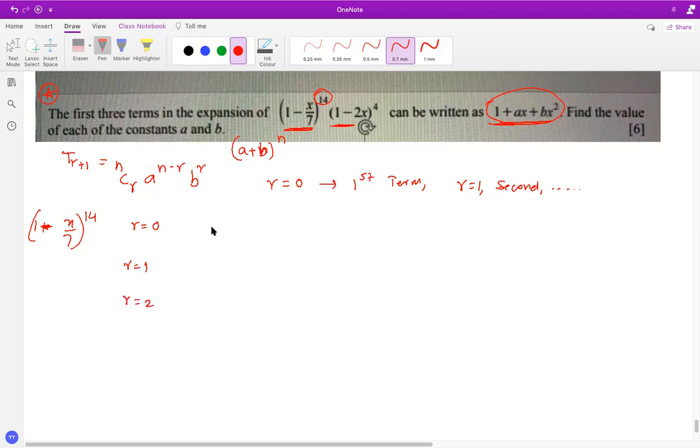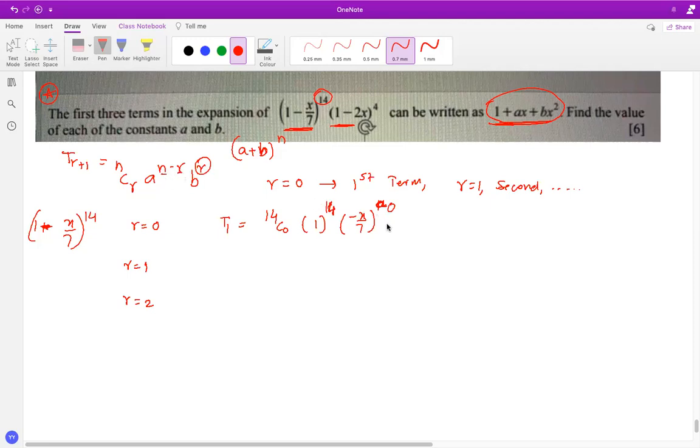So when I take r as 0, I get my first term as T1 equals 14C0 times 1^14 times (-x/7)^0. Sorry, this is (-x/7) to the power 0 when you look at the formula, because r is 0, and n minus r will be 14 minus 0, which is 14.